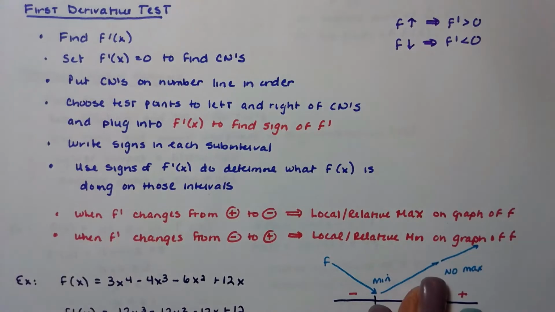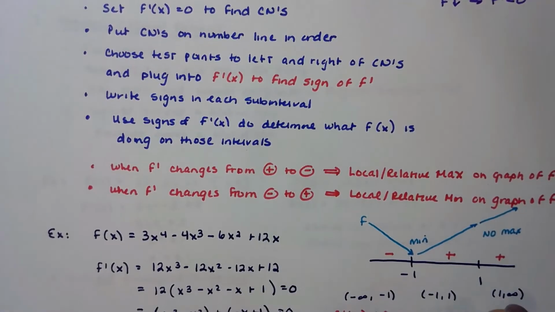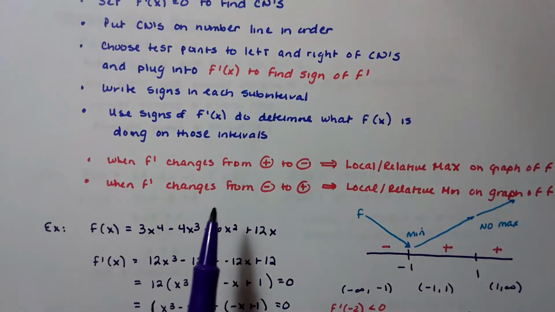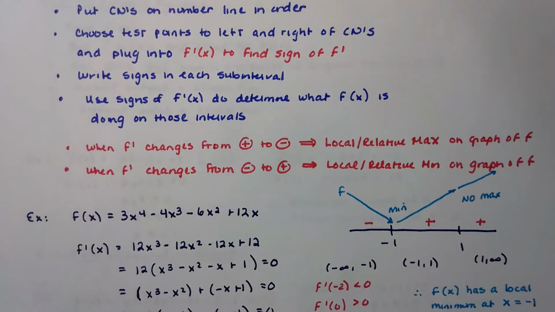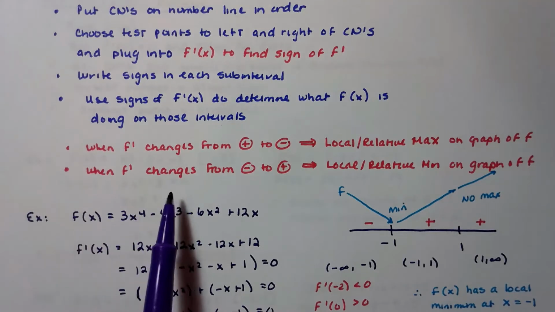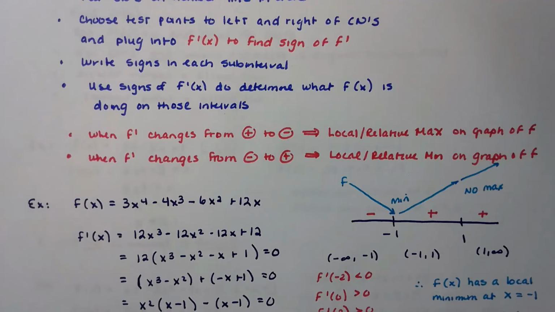So that's what we're going to use to tell what the graph of f is doing. Okay, when f prime changes from positive to negative, then we're going to have a relative maximum on the graph of f at that x value. And when it changes from negative to positive, we will have a relative or local minimum on the graph of f at that x value.